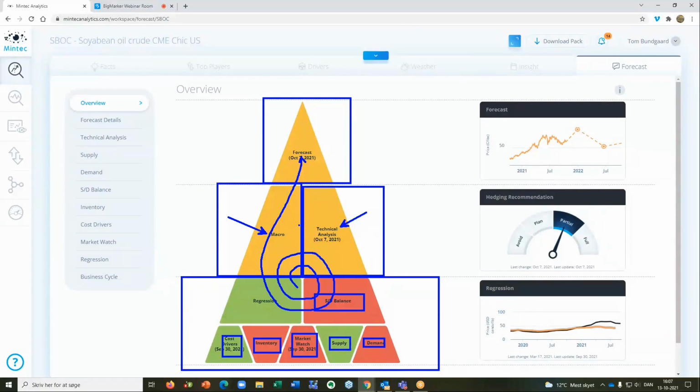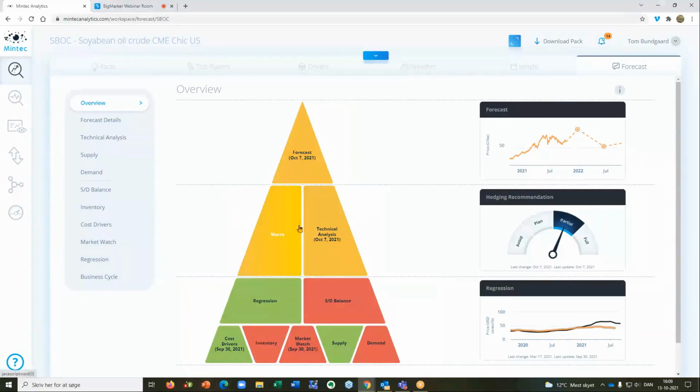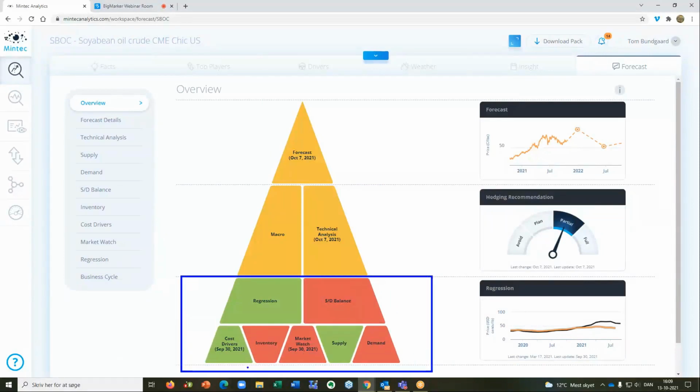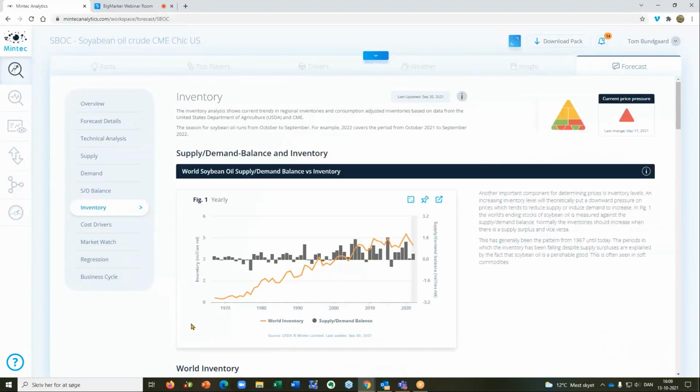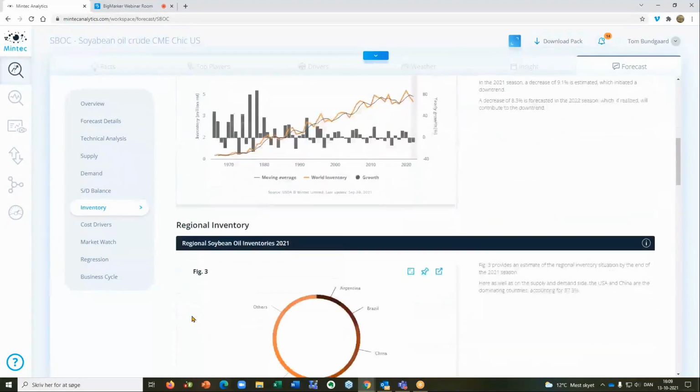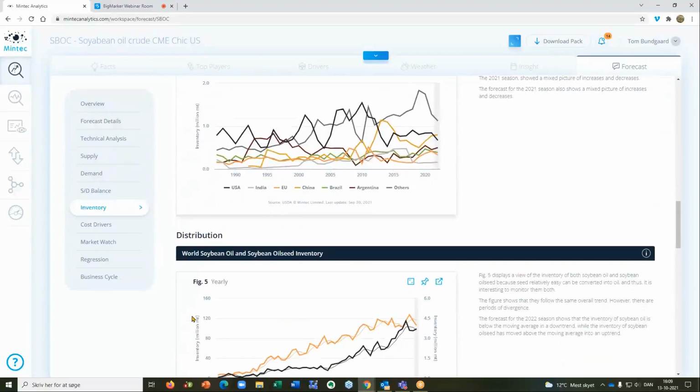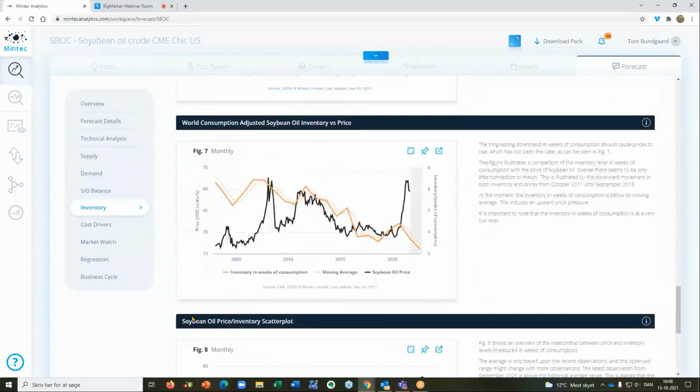So let me give you a quick example of how this looks, because we need to push a few buttons so you can see how it works. Let's say we're interested in the fundamentals and you want to understand inventories. In that case, you click on inventories, and you can see there's a lot of different graphs, and there's too much to cover here today.